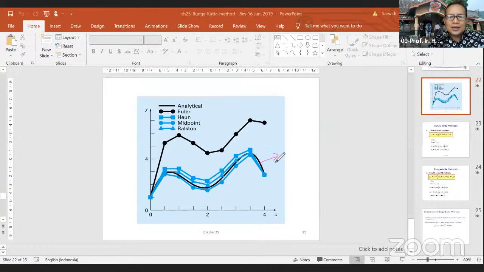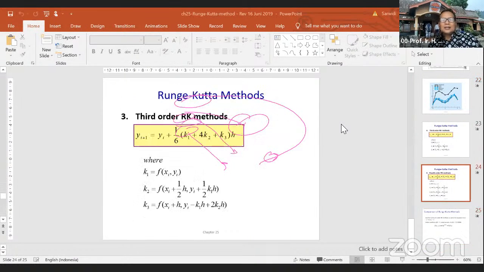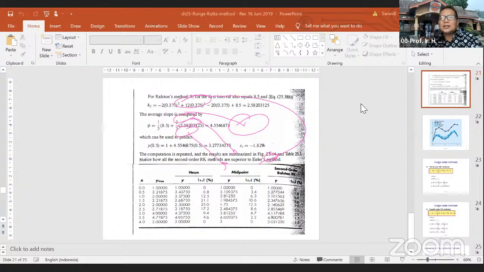This is analytical or exact, and Euler is this one, if we use the numerical method. There are many methods, such as midpoint, Ralston, etc. You can find the discussion. Of course, using Runge-Kutta of order 4 is much closer.